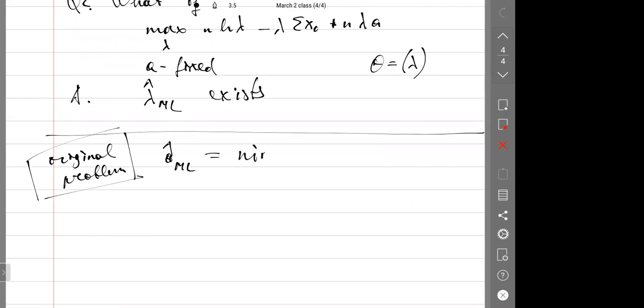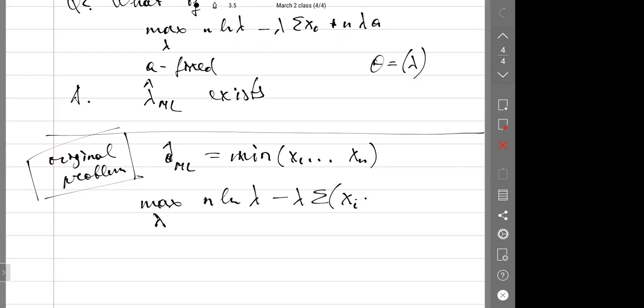A is the minimum of x1 through xn, and we maximize with respect to lambda the logarithm of lambda minus lambda times the sum of xi minus the minimum.